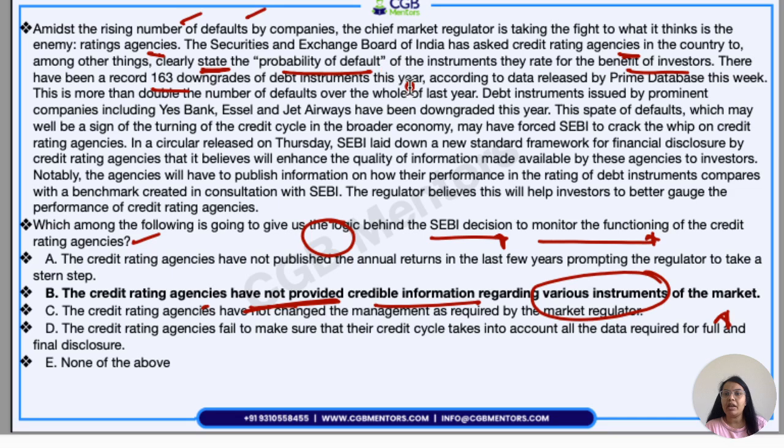But if SEBI has asked the agencies to clearly state, means earlier it wasn't clear. Earlier, the credible information was not provided. It is as simple as that. So the logic behind the decision was पहले नहीं मिला तो अब कुछ करते हैं. We have to make a decision. We have to ask them. So इस वजह से आंसर आपका B था.